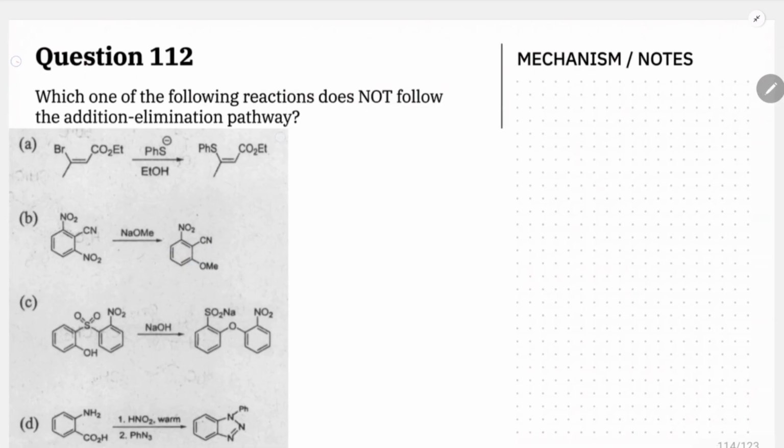Question 112. Which one of the following reactions does not follow the addition-elimination pathway? In the first system, this will add to the system. This is 1,4 addition. Here is bromine, SPh, now OEt.